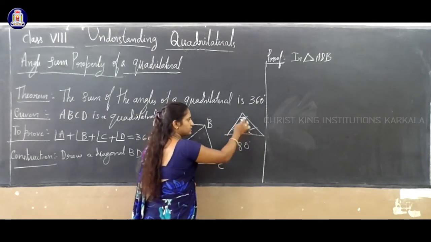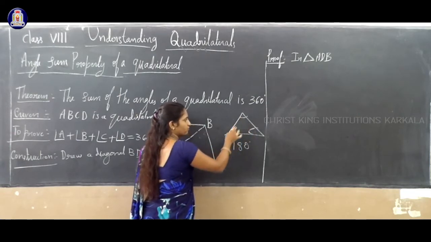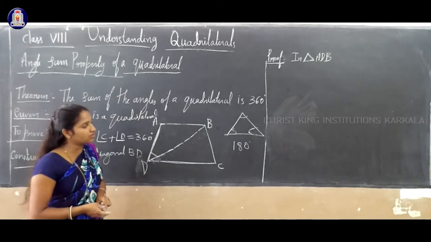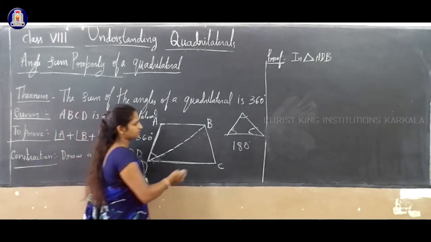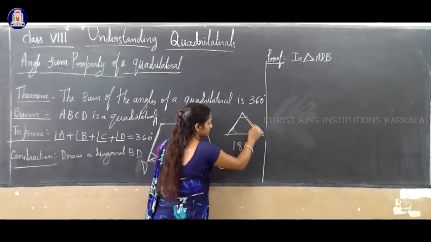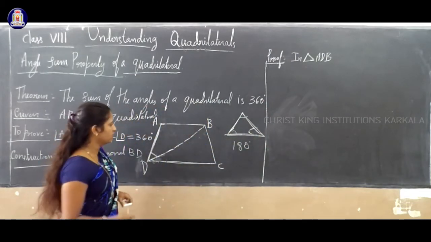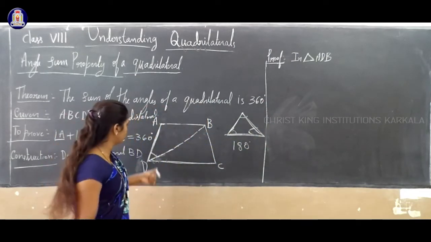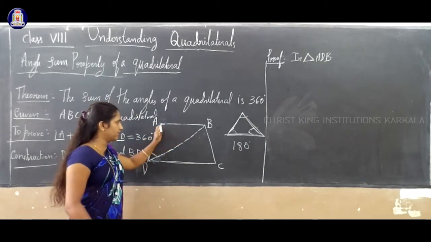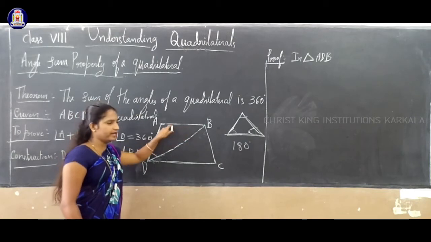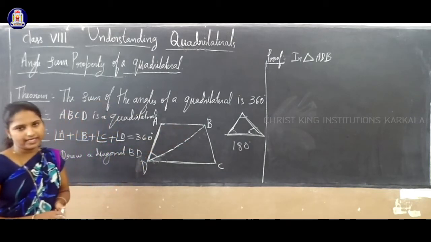So the sum of angles of a triangle is always 180 degrees. Clear? So now in triangle ADB, you can say that the sum of the three angles of this triangle is 180 degrees.